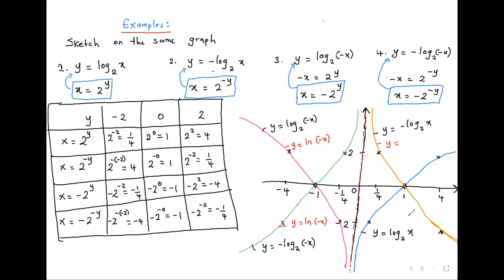Even if it was y is equal to -ln x, even if it was y is equal to ln x, we'll just erase the numbers 2, -2, and leave the ones which are 1, the asymptote, and the intercept.